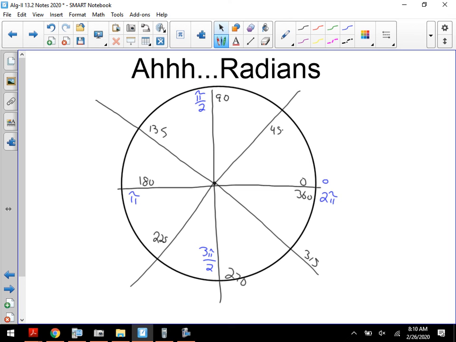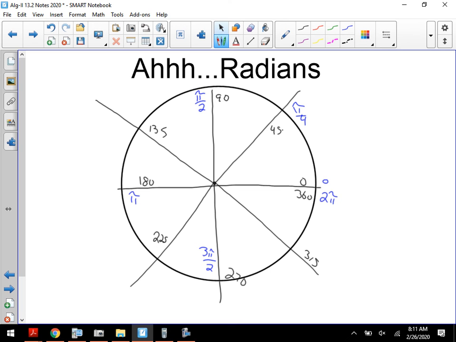So what's halfway between 0 and pi over 2? What's half of a half? 1/4. So at 45, it would be pi over 4. Now watch what happens. This is really easy to build. If I go up by increments of 45 degrees, I'm going up by increments of pi over 4. So 45 is 1/4, 2/4, 3/4, 4/4. See what I'm doing here?